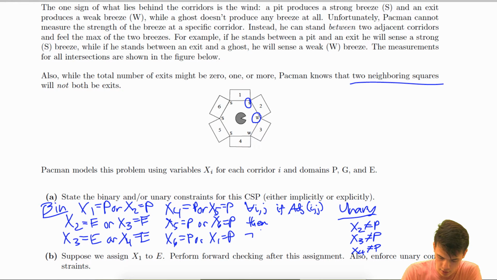Cannot have them both be exits. All right, so this is really going to produce several binary constraints. So those are all kind of lumped into the binary constraints. So I think at this point we have correctly formulated our constraints.